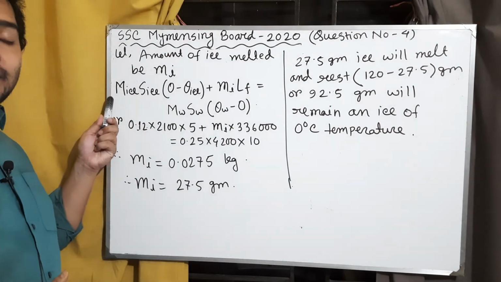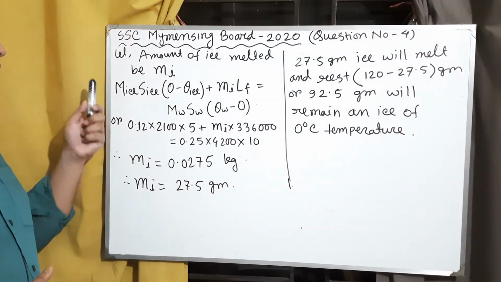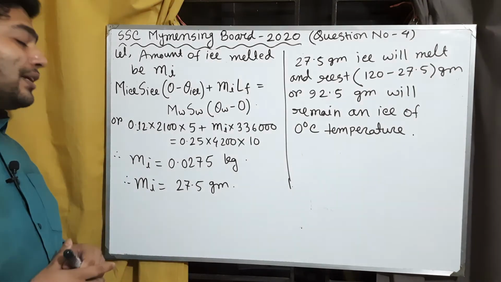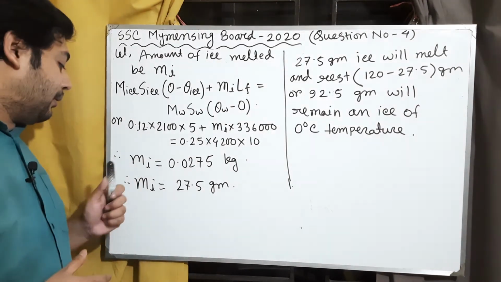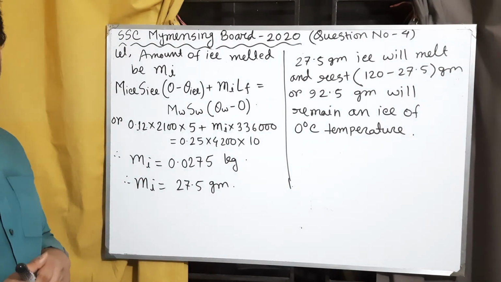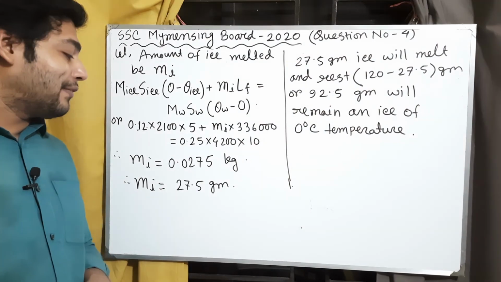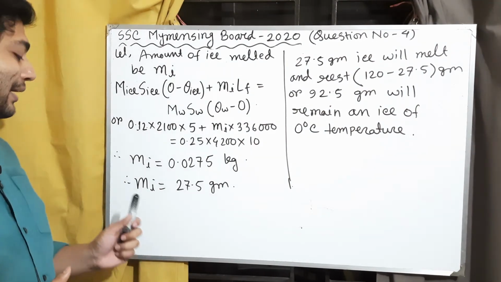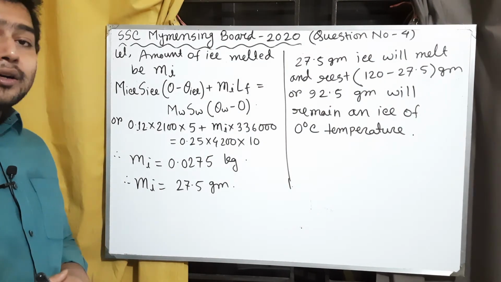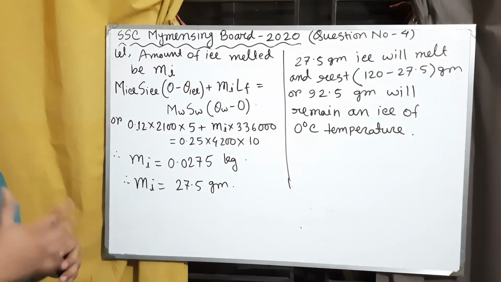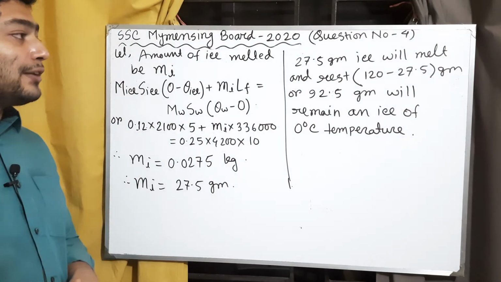This is our formula for this step, and after putting the values of these parameters we will get the mass of ice which is melted as 0.0275 kg, or we can write Mi, the mass of ice melted, is 27.5 gram.